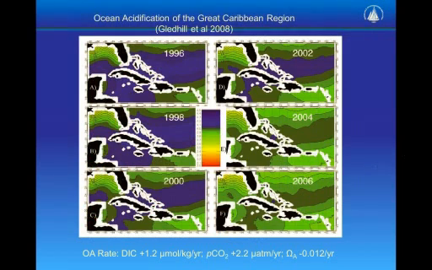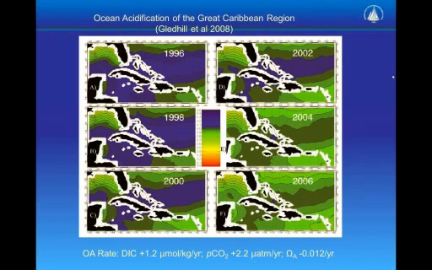For the coastal ocean, this is a slide I borrowed from Dwight Hill's 2008 paper. It shows the ocean acidification rate in the Greater Caribbean region. This is the period between 1996 and 2006, and the picture shows the aragonite saturation.